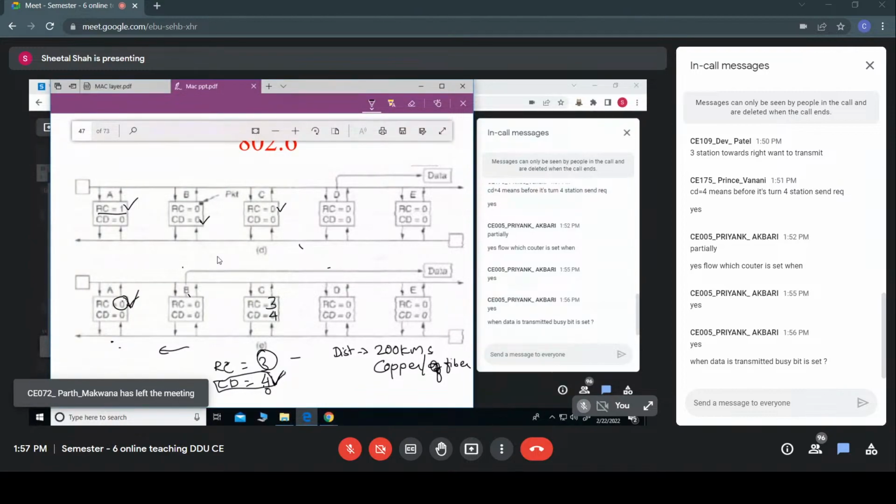Optical fiber cables can also be used. These are some of the features of 802.6, that is the metropolitan area network.